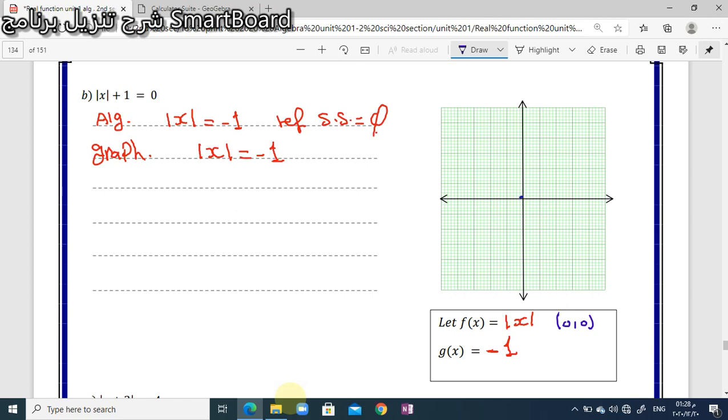And move 1 to the right and up 1, and 1 to the left and up 1, and draw the graph. So this is the first line and this is the second line. Then g of x equals negative 1 is a straight line parallel to the x-axis from negative 1. So the solution set is empty.